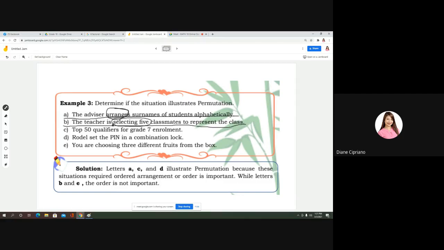Kumuha lang siya ng 5 without any arrangement. Kinuha ko lang kayong 5 kasi kayo yung gusto ko. So, walang arrangement. Hindi importante yung pagkakasunod-sunod sa example B. That's why it is not a permutation. Okay? How about in letter C? Hans.